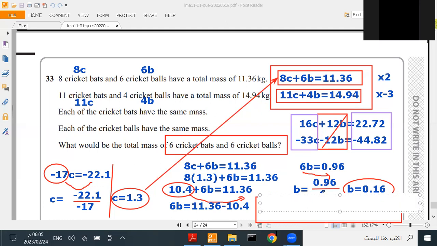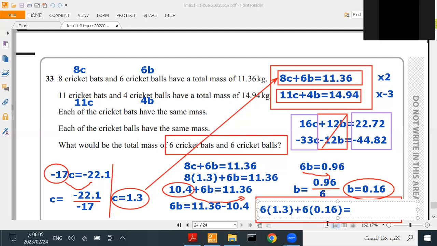So we say 6 times, you have to focus, 1.3 which is C, then plus 6 multiplied by 0.16, close bracket. I will get the answer of the masses together. That means 6 times 1.3 is 6 C's and 6 times 0.16 is 6 B's together. I'll do it in the calculator to give me the answer.